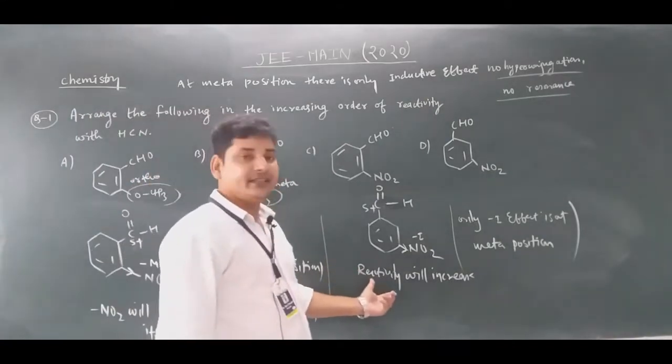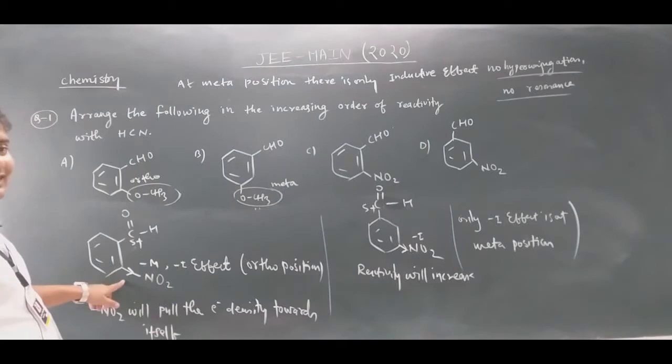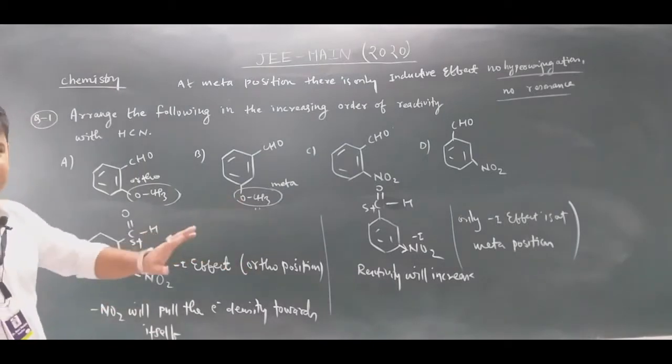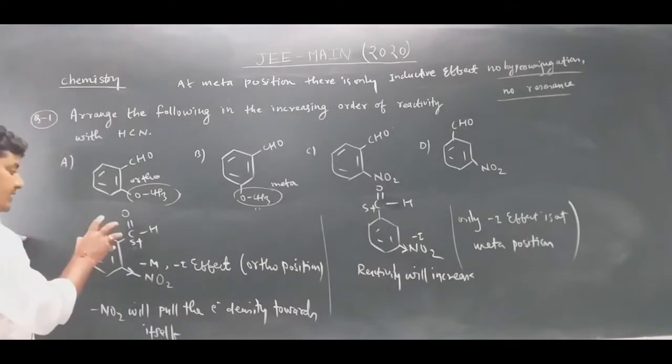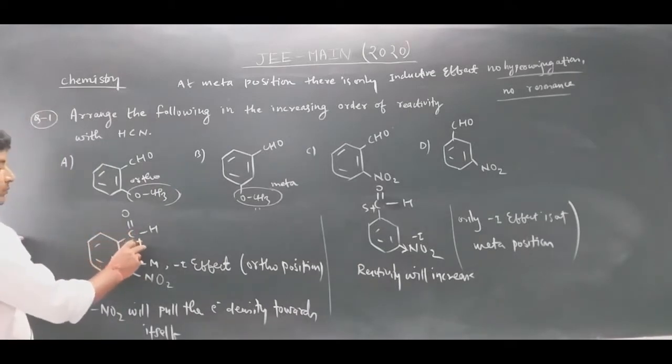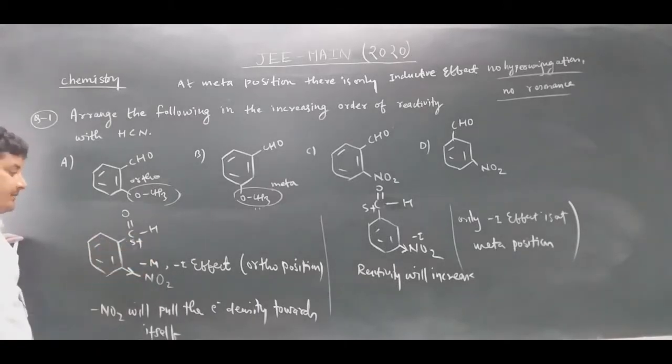Here only minus I. So more electron withdrawing power is in case of C in comparison to that of D. So if anyone asks in which case the carbon has more increased partial positive charge, what will you say?